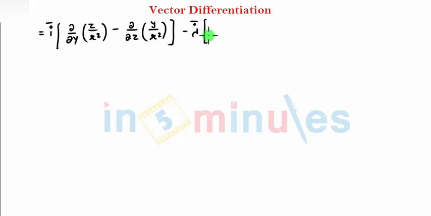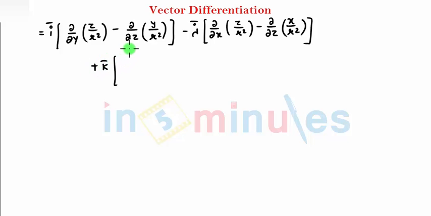Minus j bar: dou by dou x of z divided by r square minus dou by dou z of x divided by r square, and the third term is plus k bar: dou by dou x of y by r square minus dou by dou y of x by r square.